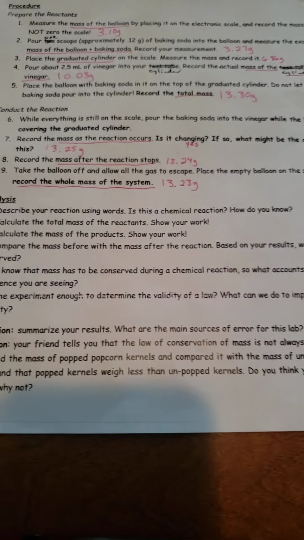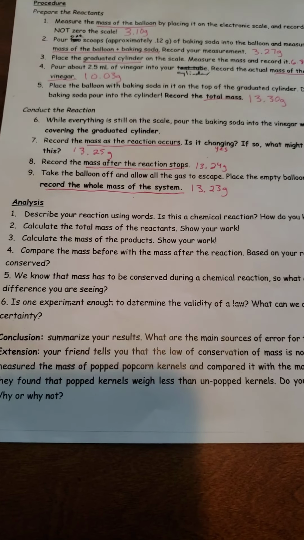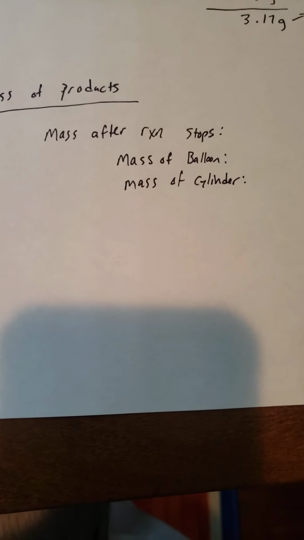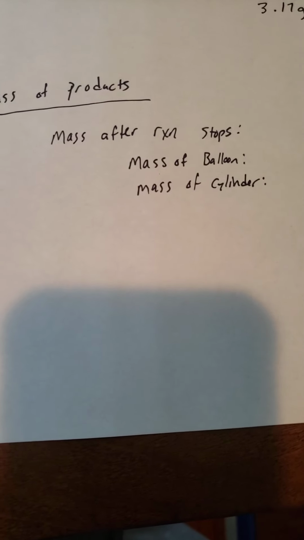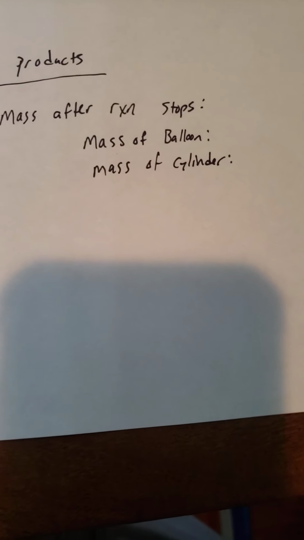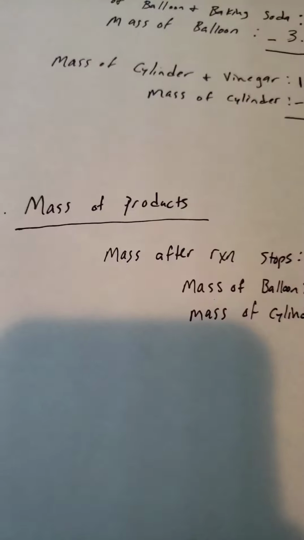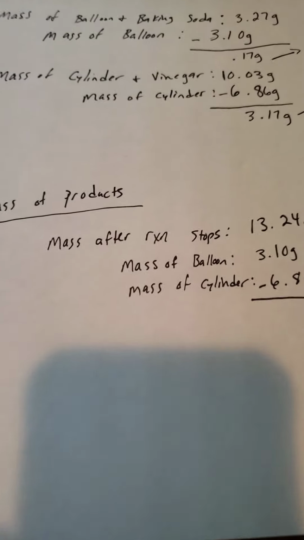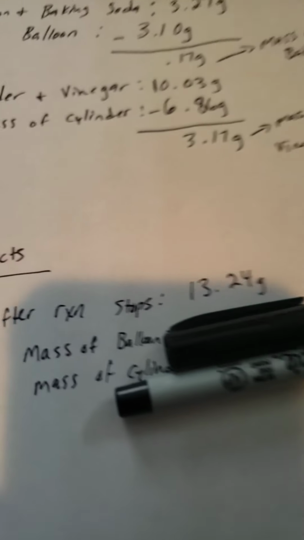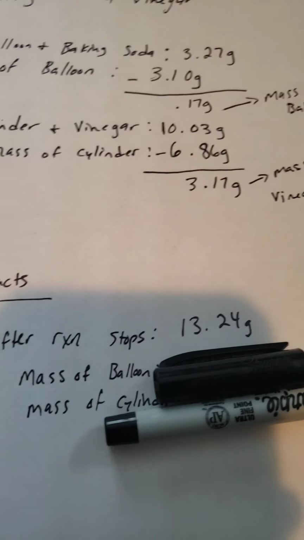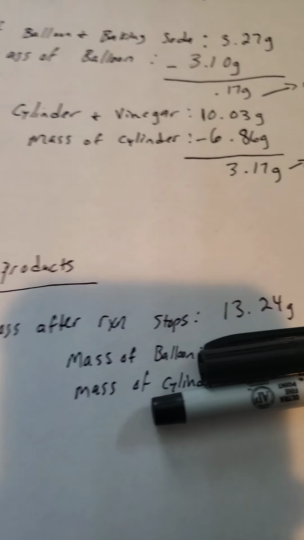So what we're going to do for the products is we're going to look at the mass after the reaction stops, and I'm going to pause again so we could save some time. Okay, so let's cover this up, and then we're going to look at the mass after the reaction stops.